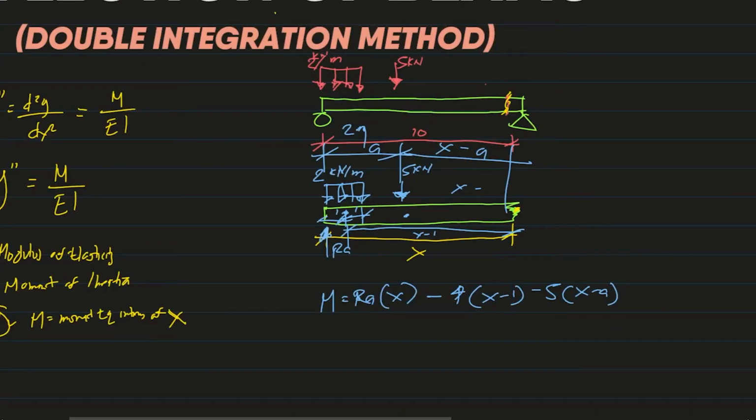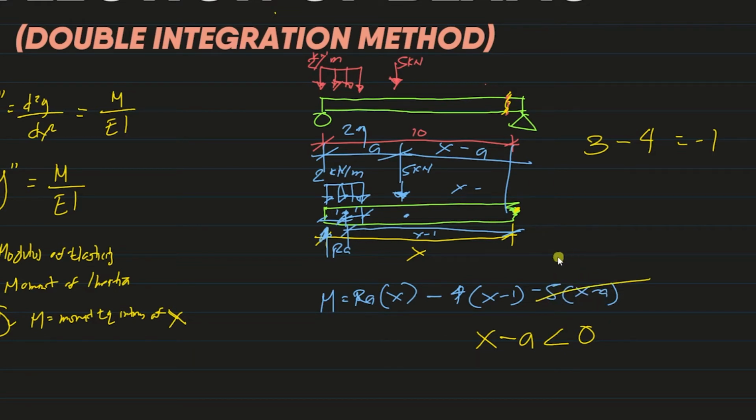Sabi niya, if we have here the value of x, if x minus a is negative, or negative lesser than 0, then we could just disregard this term. Okay, so kunwari, if our x value is 3 and our a value is 4, so 3 minus 4 is negative 1. So if that happens, you don't need to include this term.